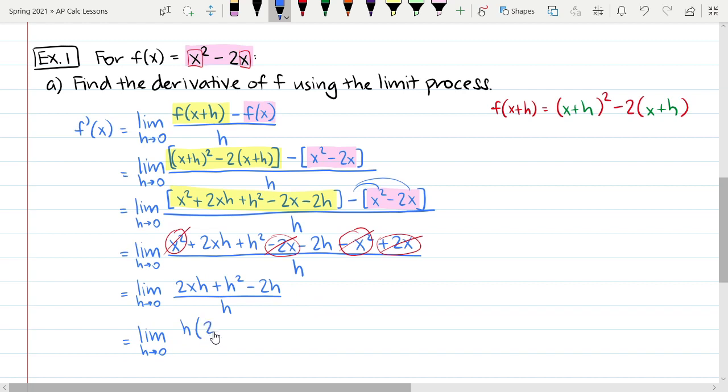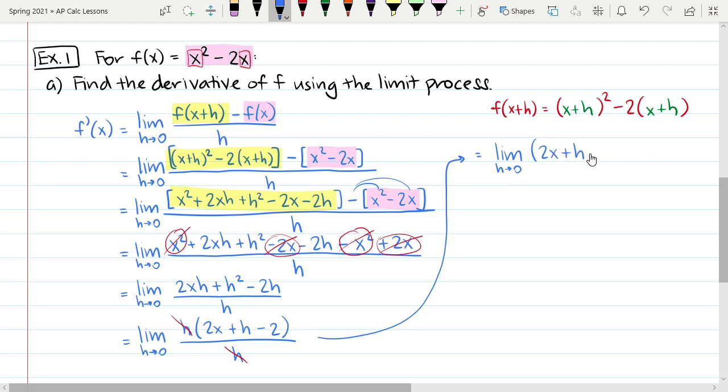And that means I'm going to have 2x plus h minus 2 all over h. That h and that h now cancel out. And now I have the limit as h approaches 0 of 2x plus h minus 2.